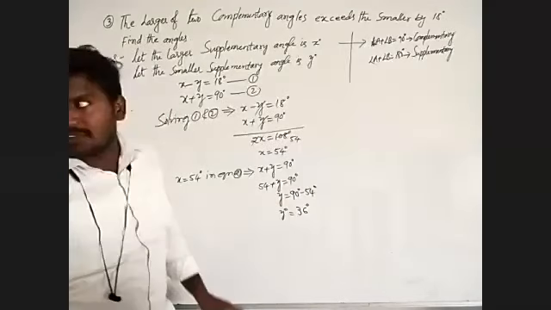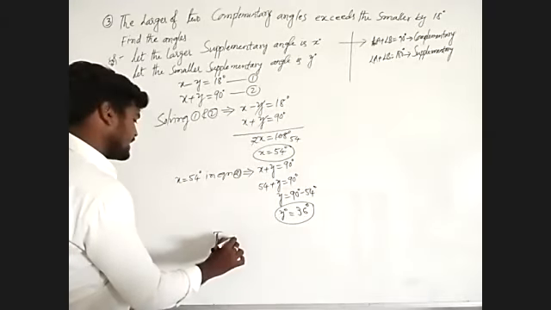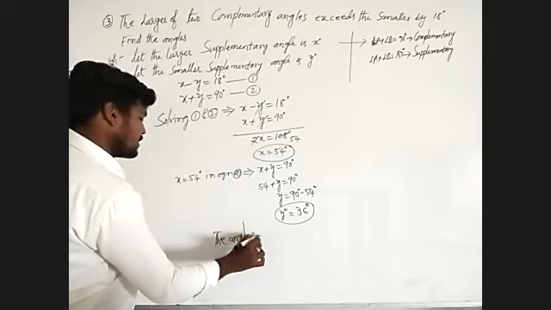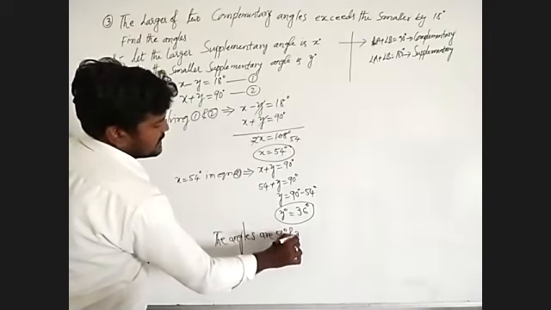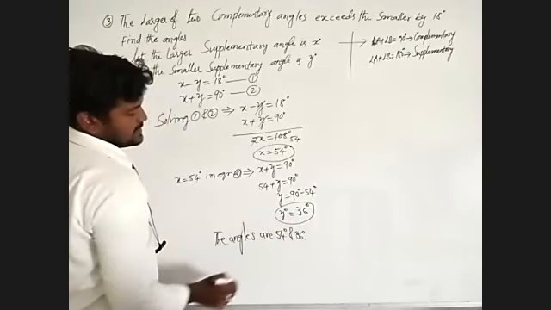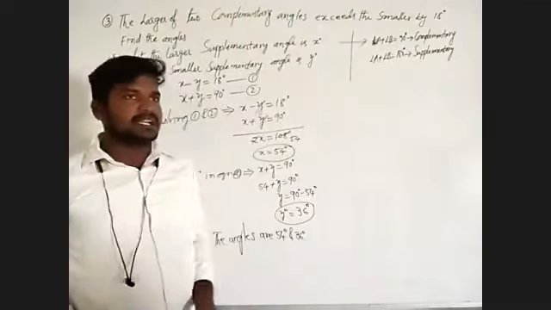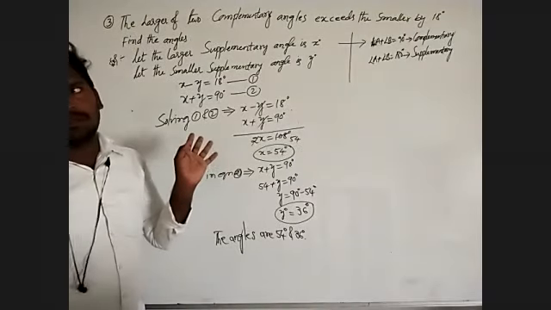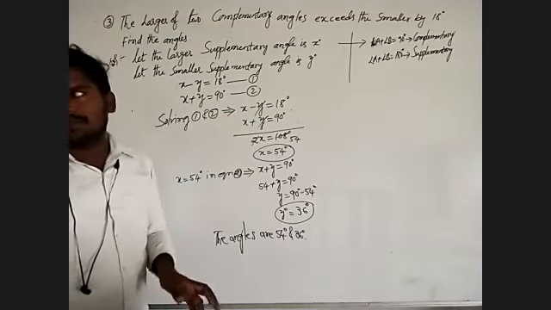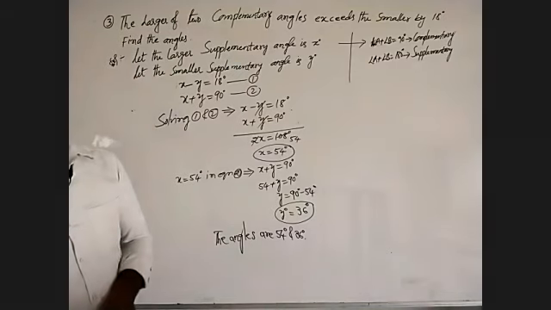We know the x and y values, that is, the angles are 54 degrees and 36 degrees. We observe the sum of the two angles, 54 plus 36, must be equal to 90. These two problems are most important for 2 marks.